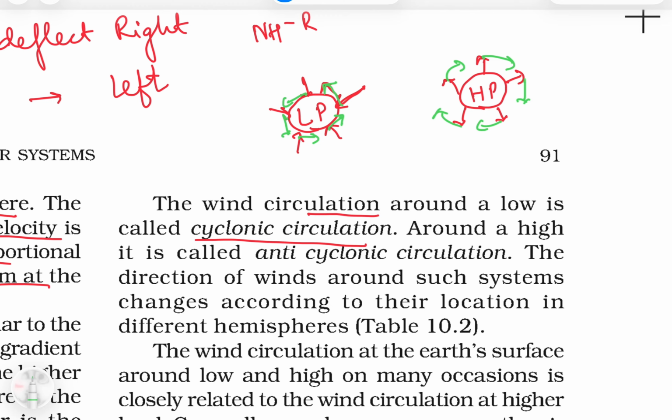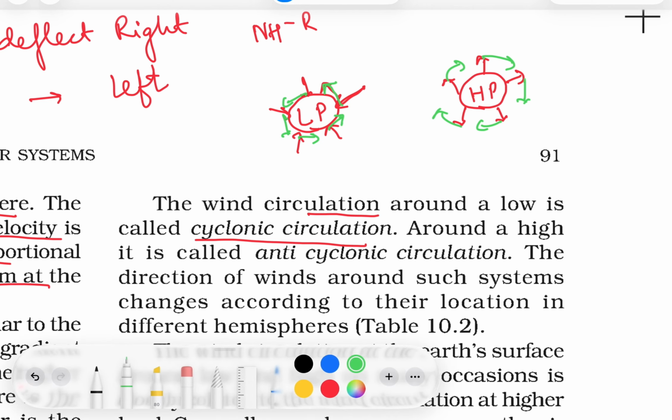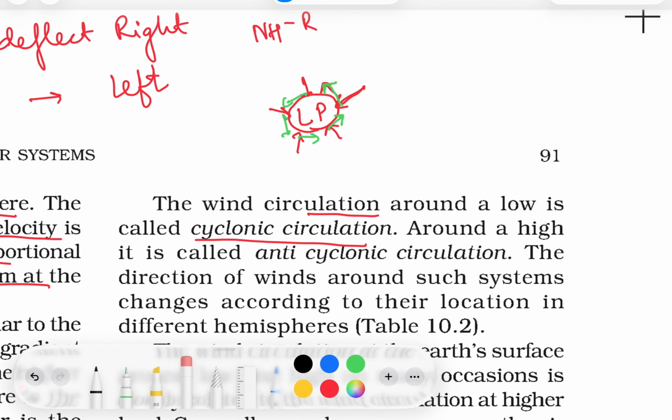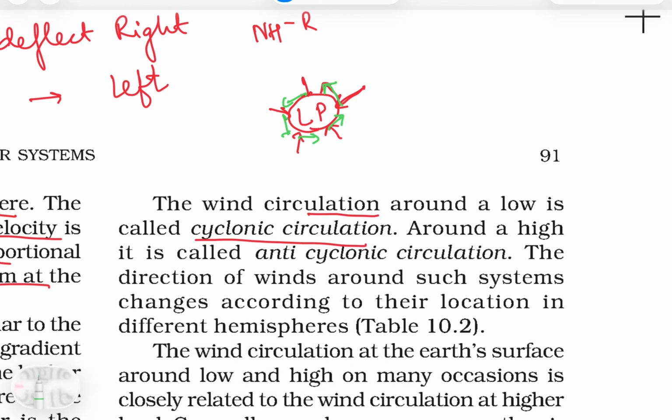So this is in case of the high pressure area and in case of the low pressure areas. If we have the high pressure areas, that is the rising air.